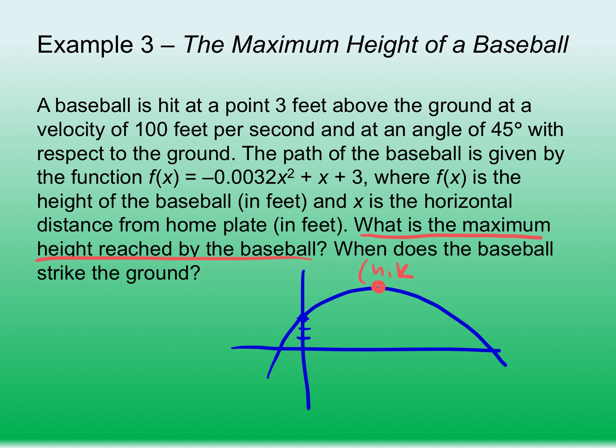So the max would be the k from the vertex. Again, it expects you to use a graphing calculator here and graph it, find the k on the calculator. We'll get into doing that later, but not yet. No calculators yet. And then when does the baseball strike the ground? At what part of our graph would the baseball strike the ground? The x-intercept, awesome. So our x-intercept over on the right side would be when the baseball hits the ground.